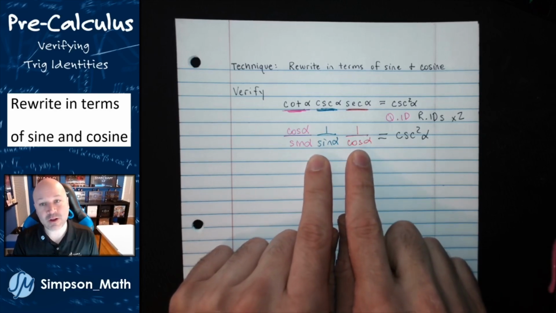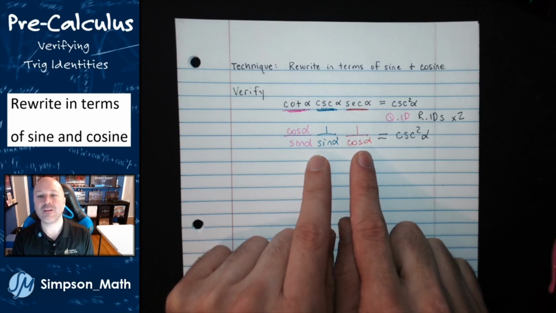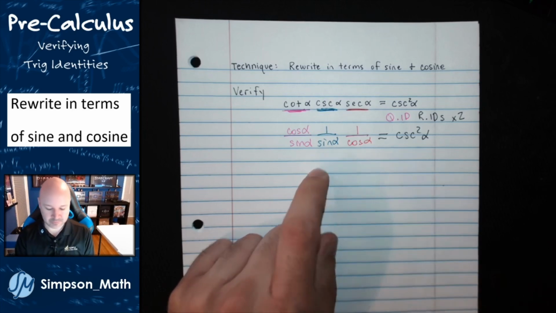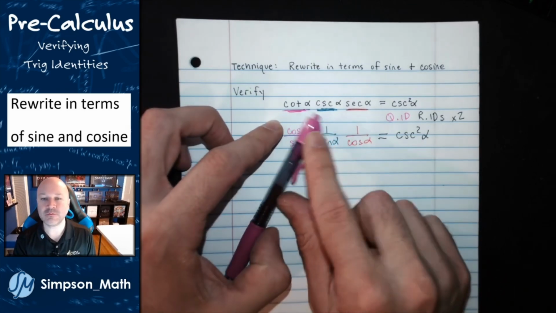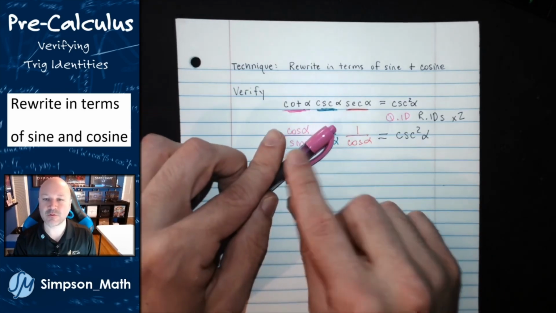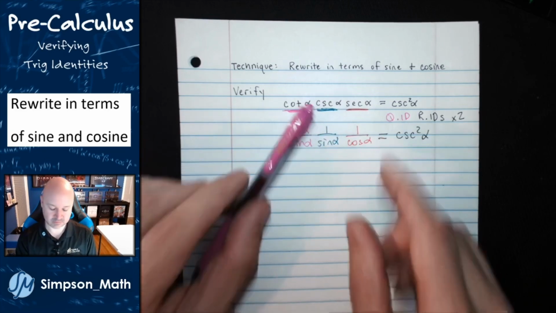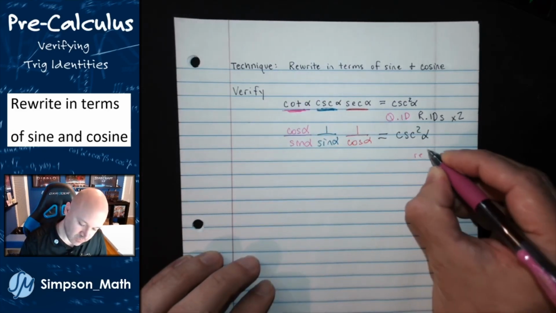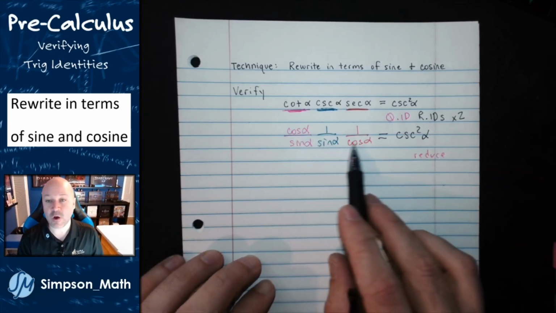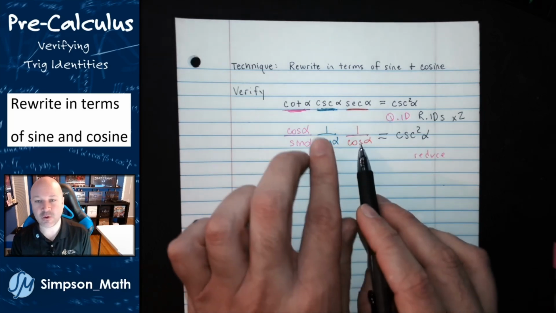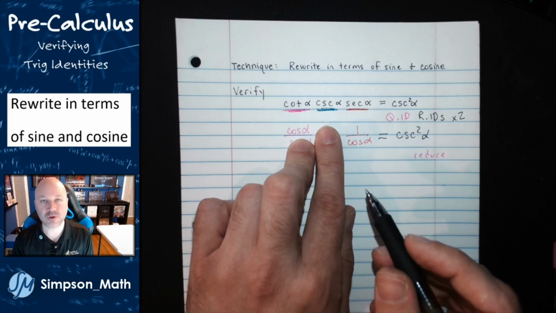Now everything has been rewritten in terms of sine and cosine, and I see now how they can be put together. You all see the cosine up top and the cosine down below? What's going to happen to those cosine alphas? They're going to reduce. Cosine over cosine, if I were to multiply those, cosine times 1 over cosine, those reduce to 1.